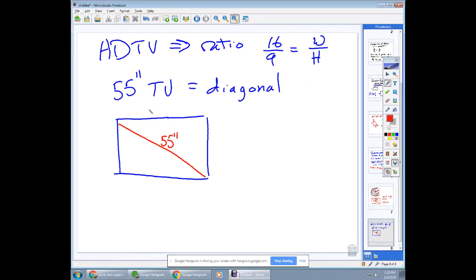So I want to know what width and what height we should have so that we have the right shape rectangle. And the aspect ratio determines the shape of the rectangle. This aspect ratio means it's not square, it's not super skinny, it's just somewhere in the middle, whatever 16 to 9 is.